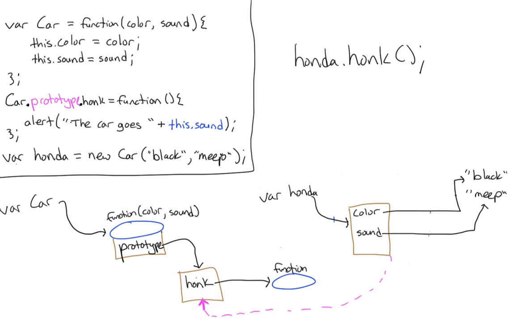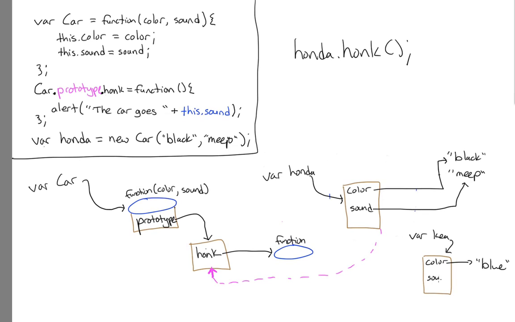Now this is important because if you happen to create another object using that same constructor function, for example, a Kia, this new object will also have a secret link pointing to this function prototype.